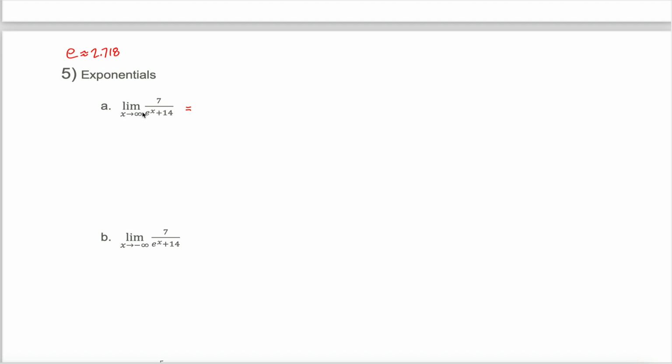The limit as x approaches infinity of 7 divided by e to the x plus 14 is 7 divided by infinity plus 14. You can't really write this because infinity is not a number, so it doesn't make sense to have it as an argument with addition and division. But this idea makes perfect sense because the limit as x approaches infinity of e to the x power is equal to infinity.